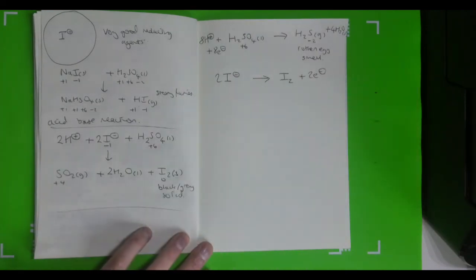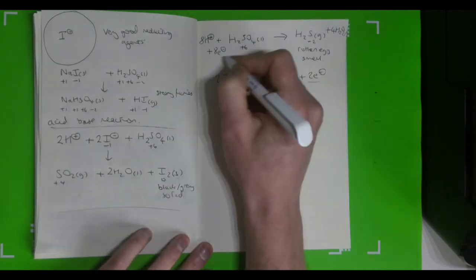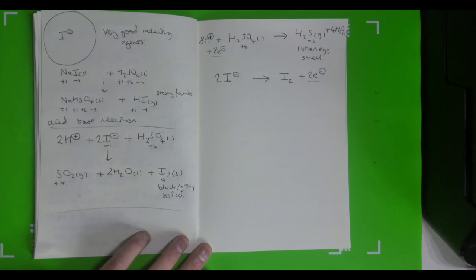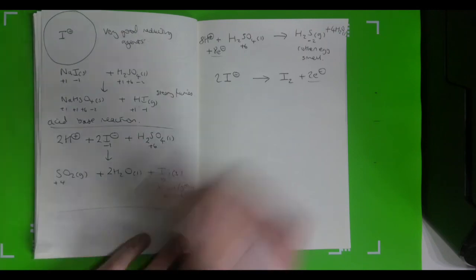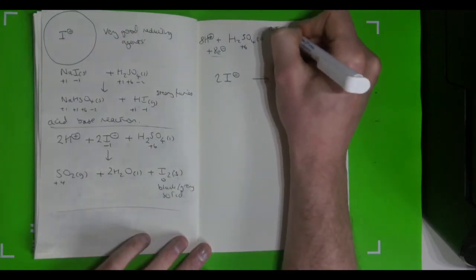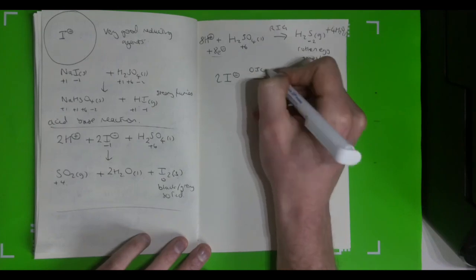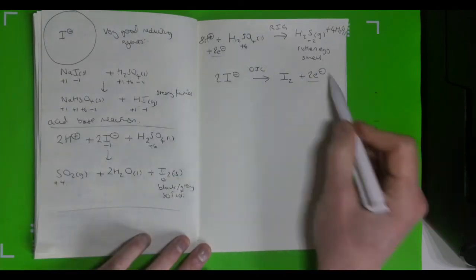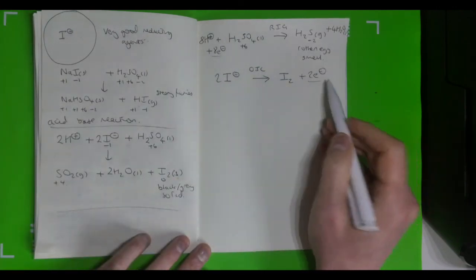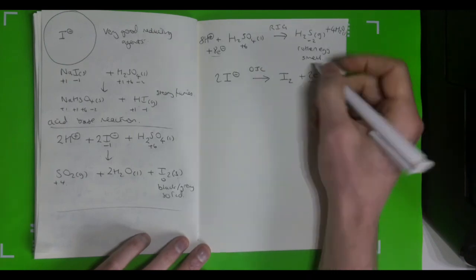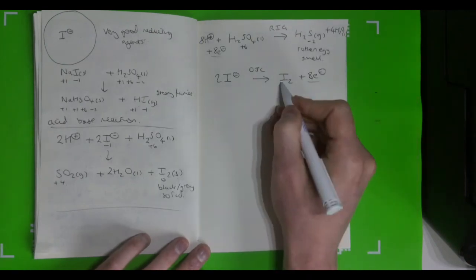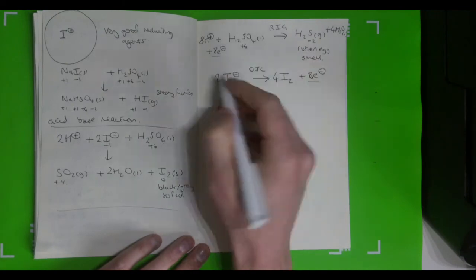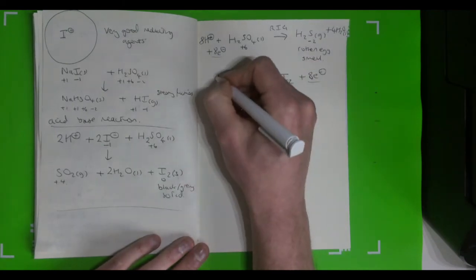Now, I need to think carefully before I combine these 2 half equations, because I've got 2 electrons there and 8 electrons there. We need to make sure that we've got the same number of electrons in the reduction half equation and the same number of electrons in the oxidation half equation. So I need 8 here and 8 there. So I need to times all of this by 4. So 2 times 4 is 8. 1 times 4 is 4. 2 times 4 is 8.